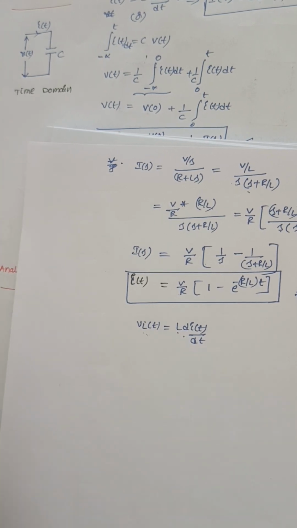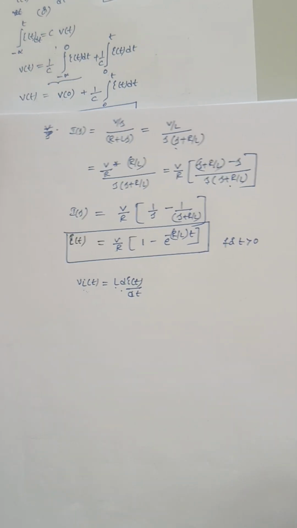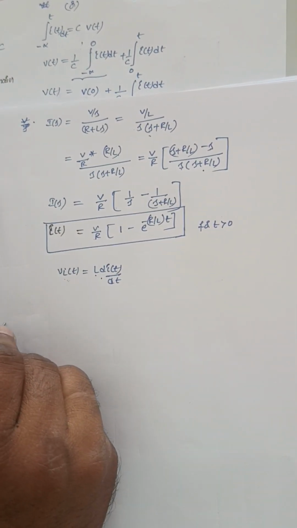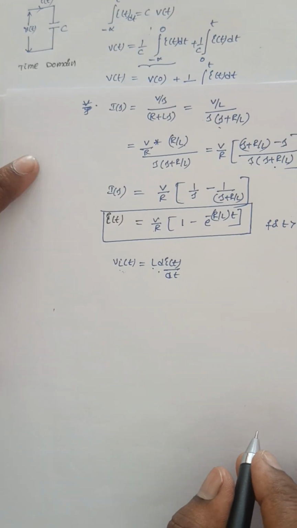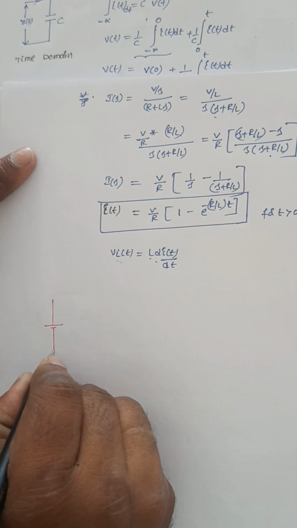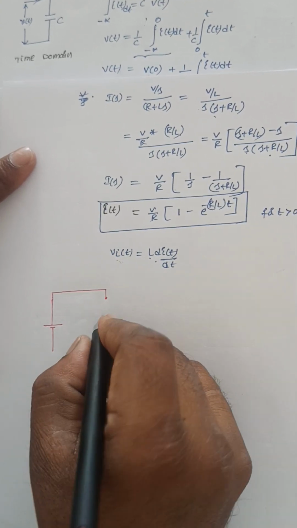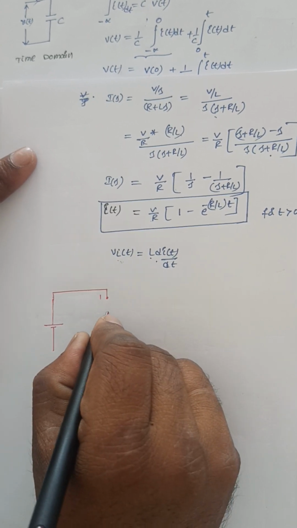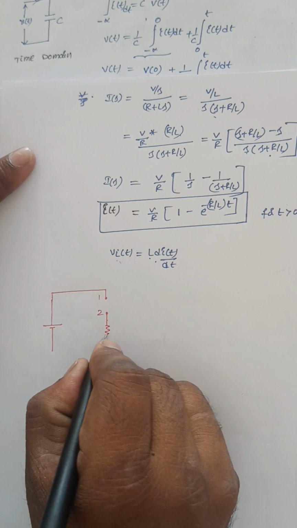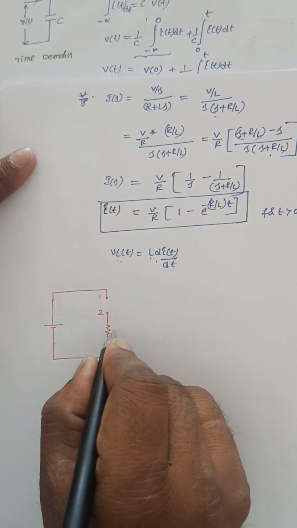There is a question here. See, this is the network. This is the voltage source. This is position 2 and position 1. Here a 1 ohm resistor is connected like this.